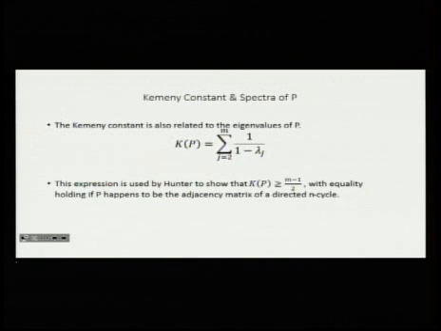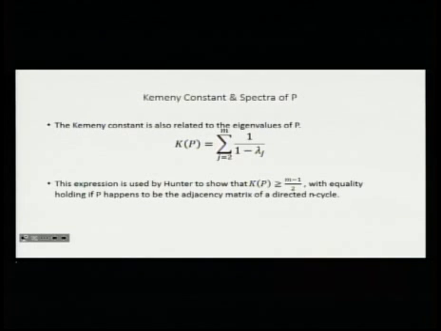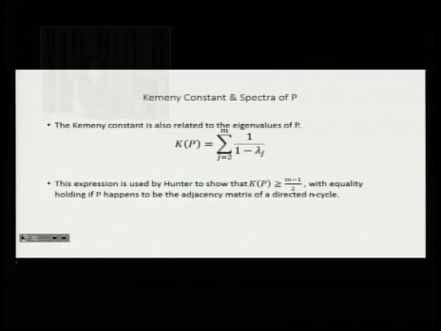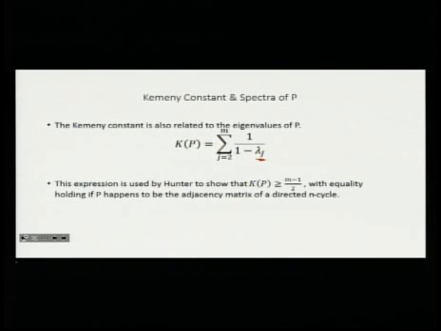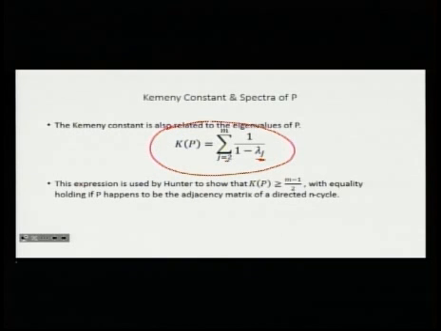Okay. So the Kemeny constant is full of surprises. We said that there are many representations of it, and one representation is related to the eigenvalues of the matrix P. So here's one representation of the Kemeny constant, and again we're ordering the eigenvalues. Here, when we're doing the sum, we're summing from the second largest eigenvalue downwards. That's one interesting representation.